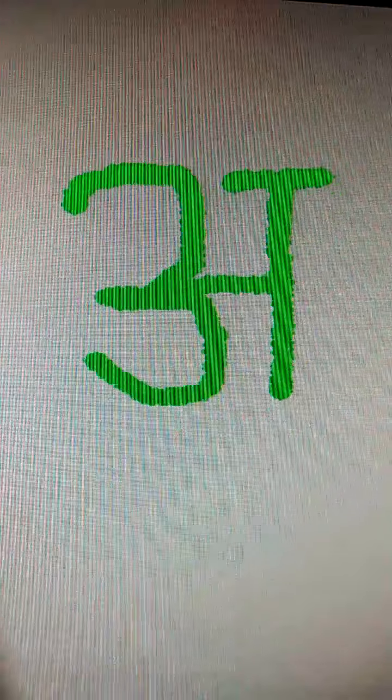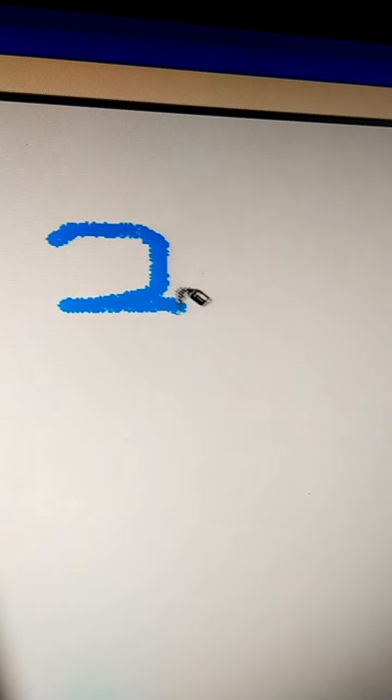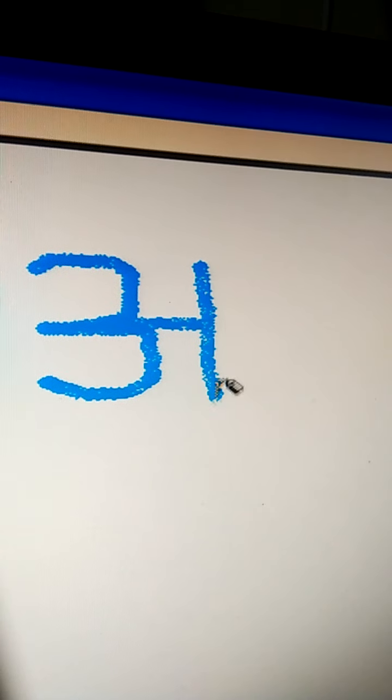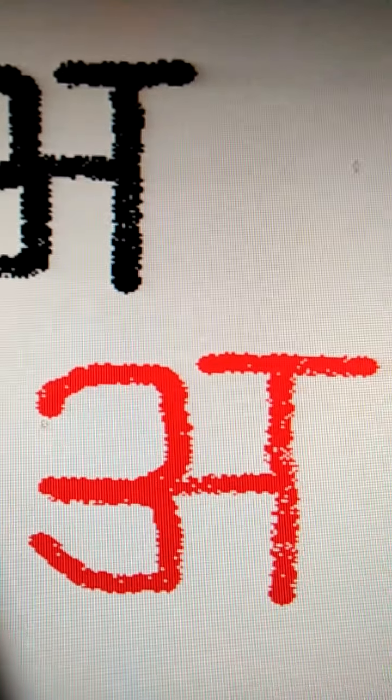This is A. Again try to write. Half circle. This is A. So we understand how we write A.